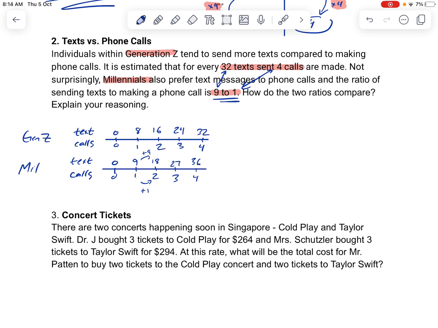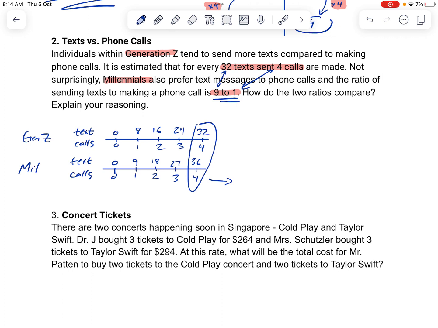Now when I compare these two ratios, I would really look at one of two things. Either I would look at this right here, and you notice I'm circling it to show what I'm looking at. What you're looking at here is basically your evidence.